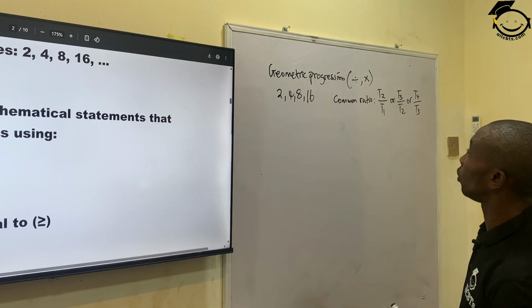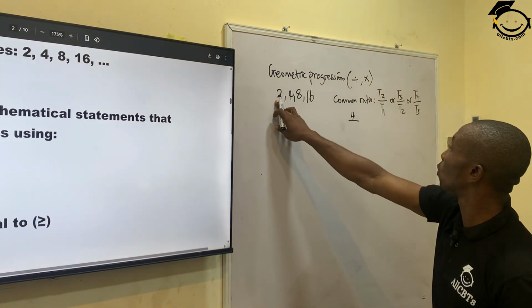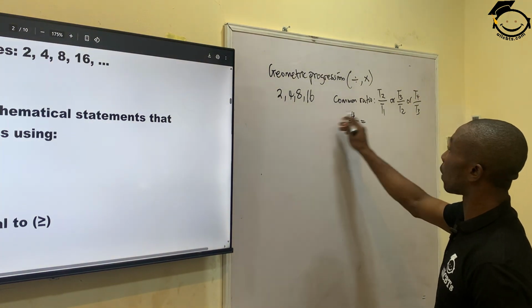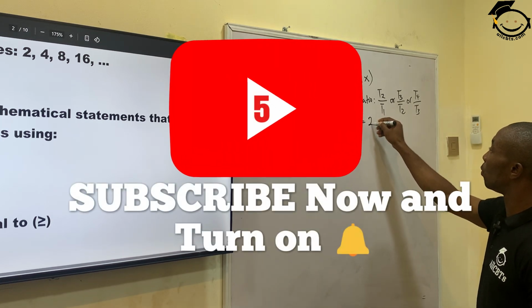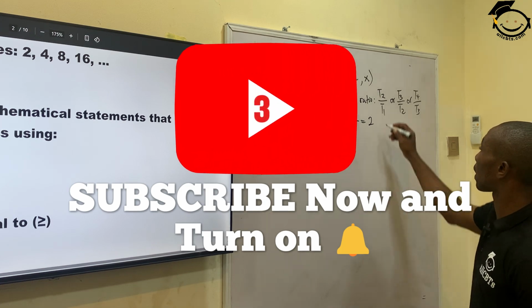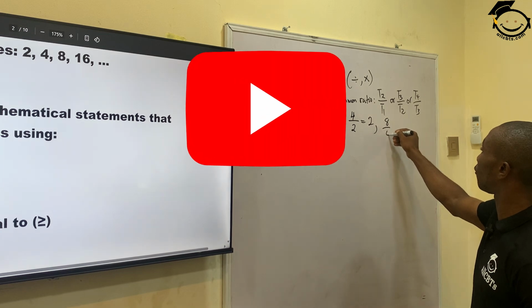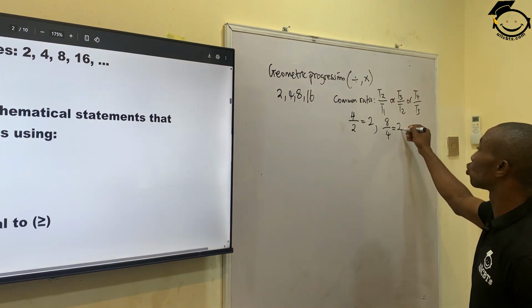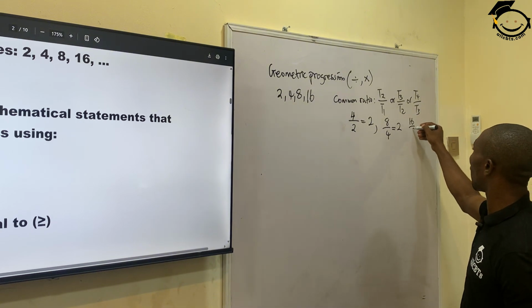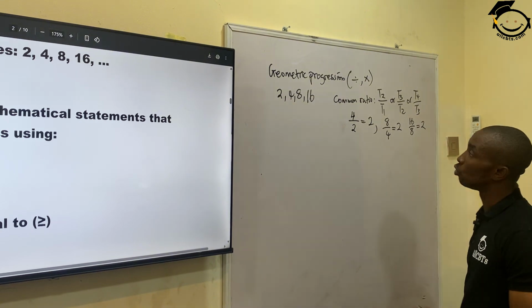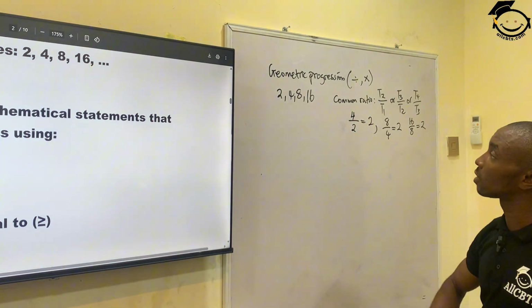Your T2 in this case is 4, and your T1 is 2, so our common ratio is 4 divided by 2, which is 2. If we do the third term over the second term, 8 over 4, we still have 2. If we do the fourth term over the third term, 16 over 8, we still have 2. So our common ratio for this sequence is 2.